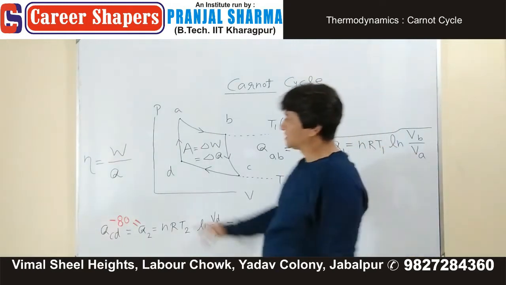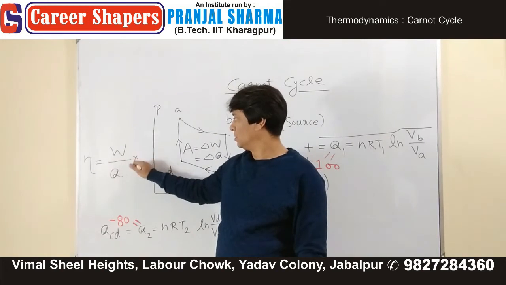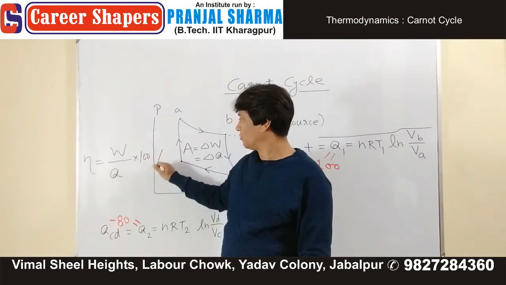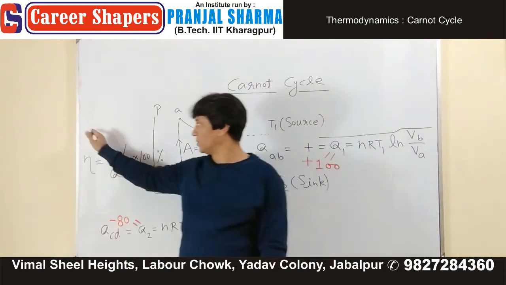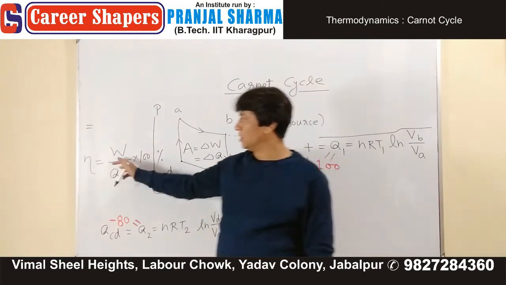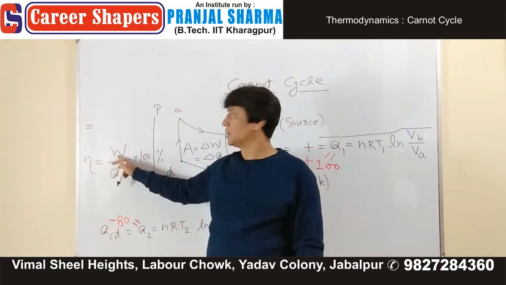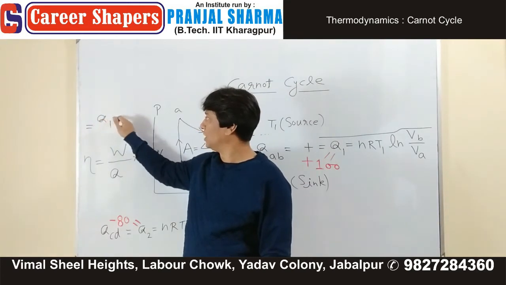So we are interested in efficiency, which is W upon Q multiplied by 100 for the percentage term. This is coming. What is W? W was coming Q1 plus Q2.